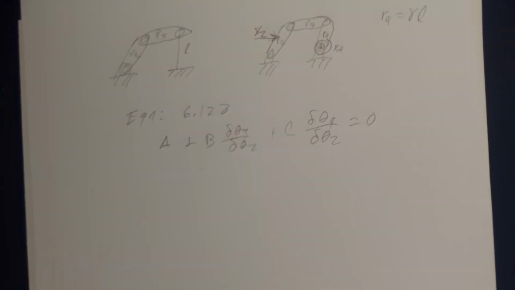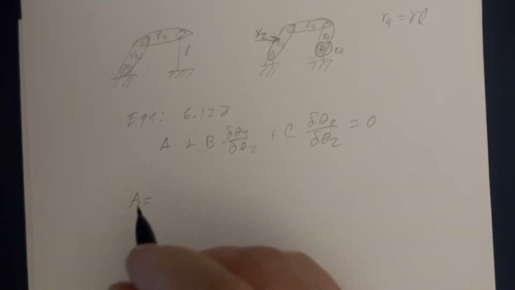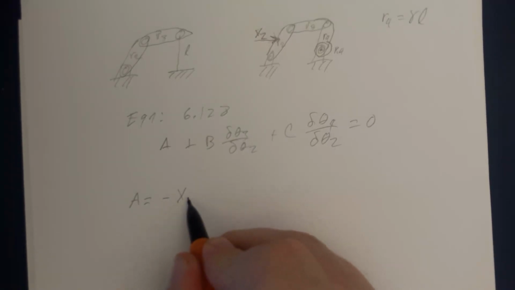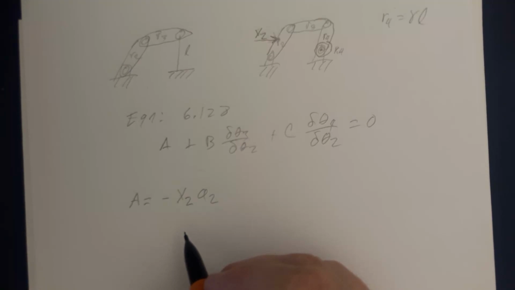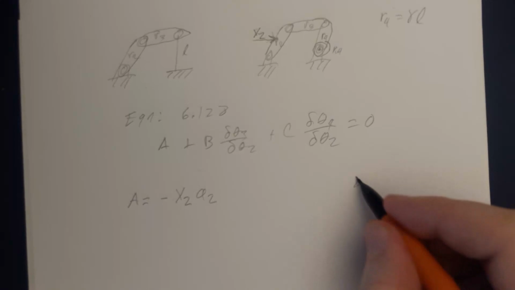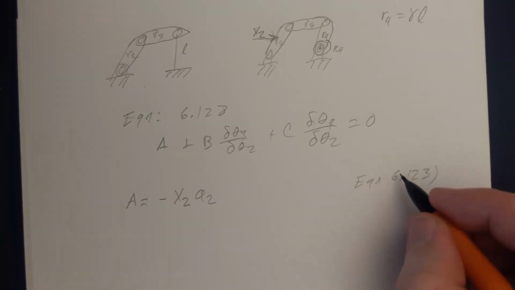And with this particular example, we can take a look at A. Let's see here. A equals minus x2 A2. Okay, so we definitely have an x2. So we're going to look at the terms we have from equation 6.123.